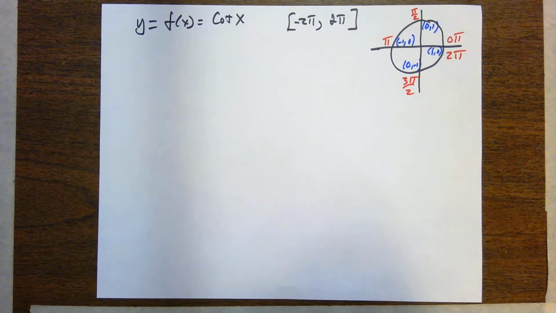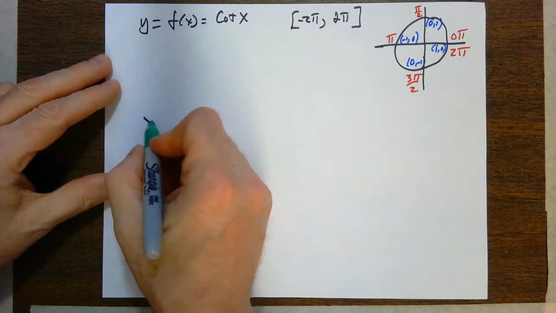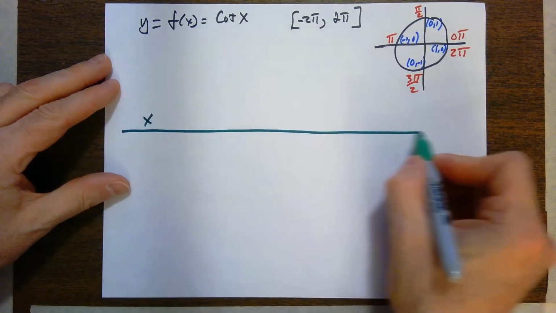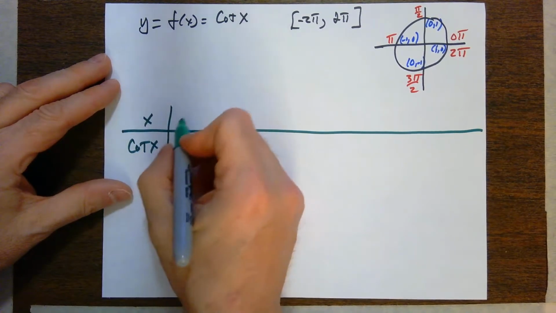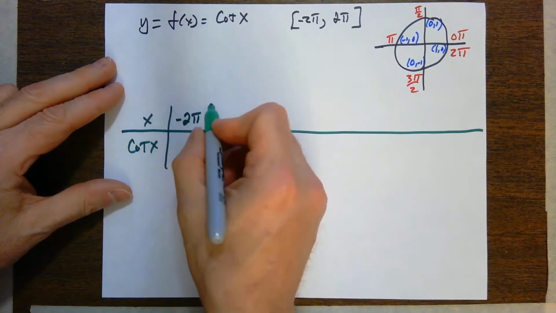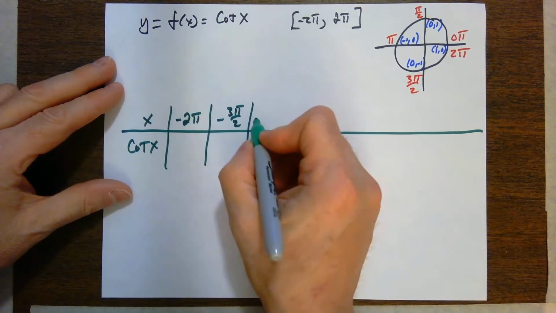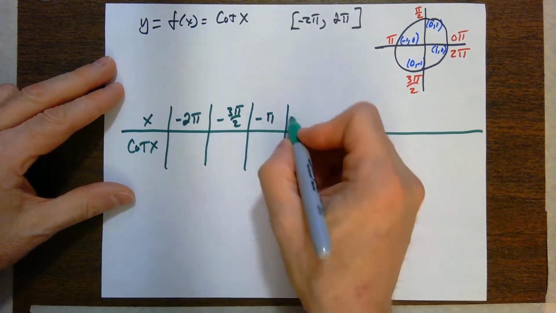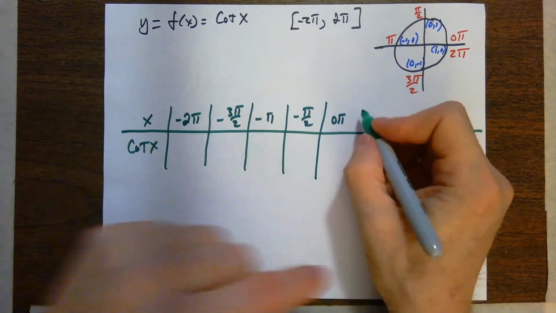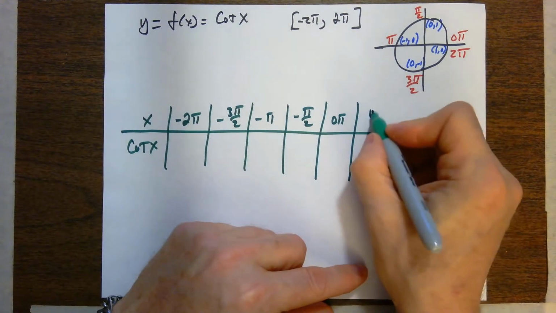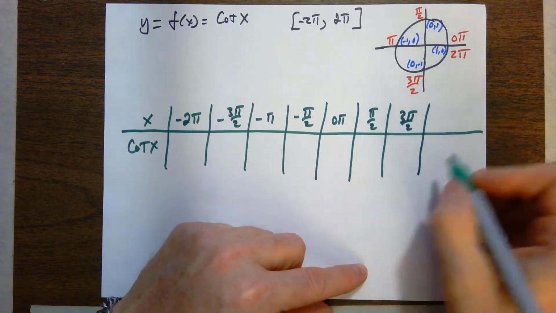Let's create our data table now for graphing. I'm going to have x values and cotangent of x. And we're going to have negative 2 pi, negative 3 pi over 2, negative pi over 2, 0, positive pi over 2, 3 pi over 2.